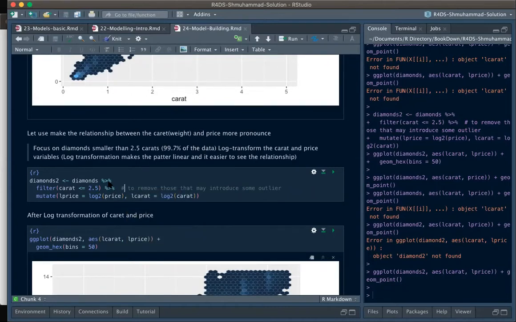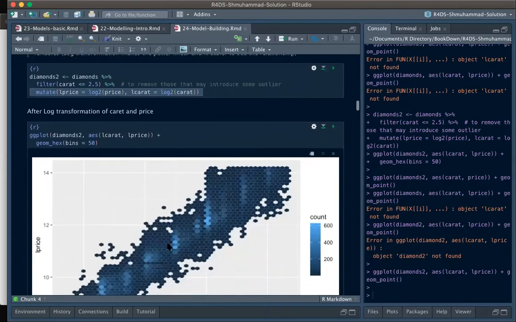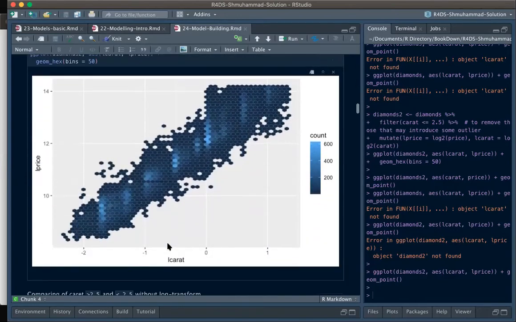The first step is to subset the data to include only these ones and remove the outliers, and also to use the log transform. And why do we do the log transform? Using the log transform allows our relationship to be easily identifiable. As we can see here, we can easily identify that this is a linear relationship.